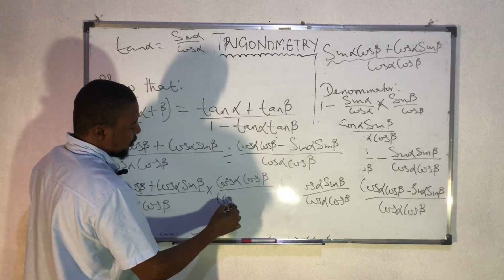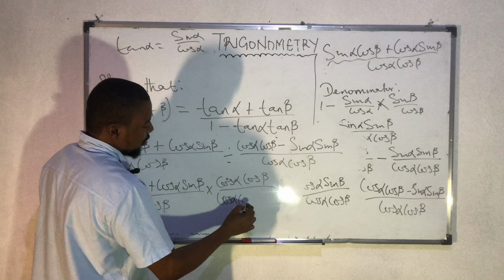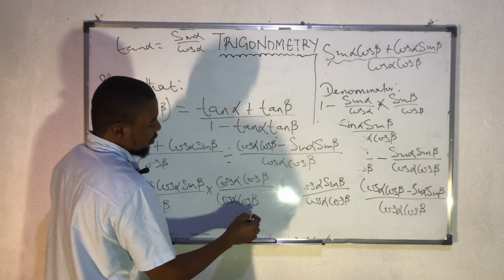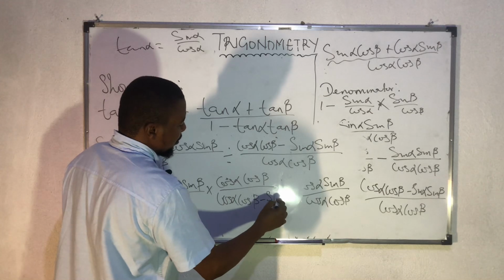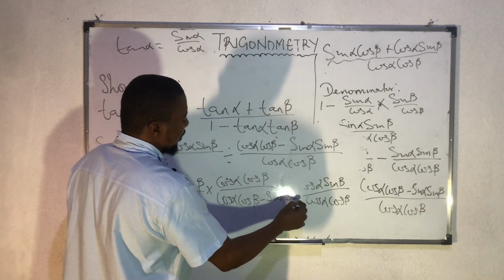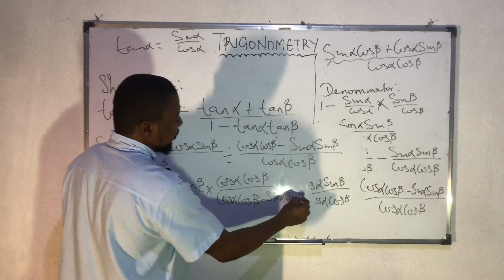We have cos alpha cos beta minus sine alpha sine beta.